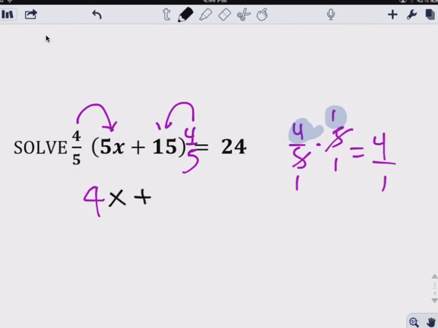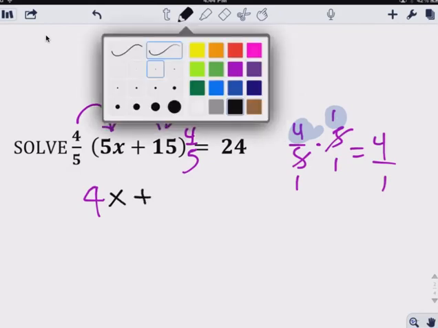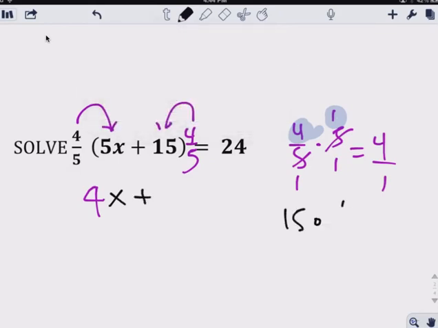Okay, plus, that's 15 times 4 over 5 over 1, cross cancel, 1 and 3. 3 times 4 is 12 over 1. Okay, so that's just 12.